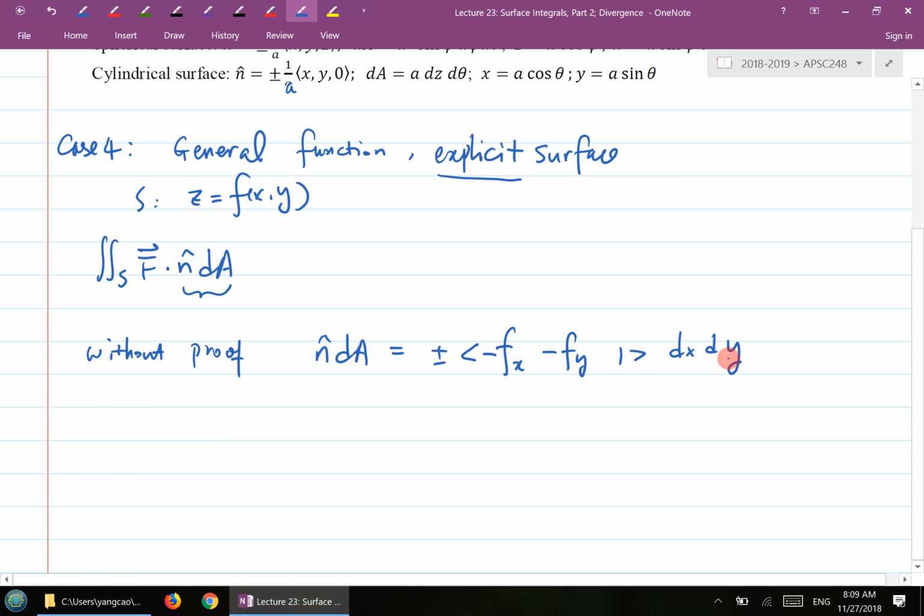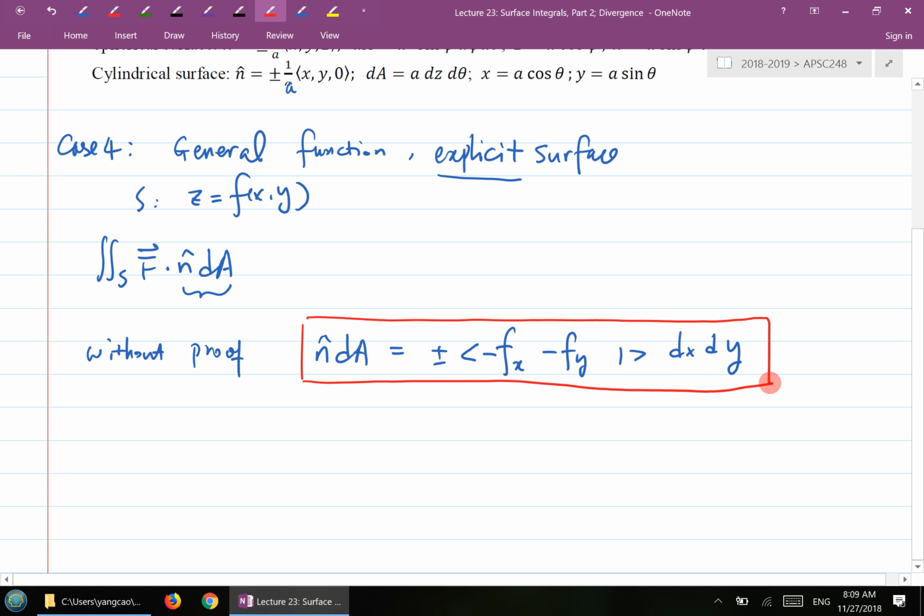So formula-wise, for n hat dA in this particular case number 4, we're not separating n hat and dA. You can use n hat dA as one single entity, in a single formula. I write it without a proof because the proof itself takes a bit of time. I do have the procedures of the proof in the lecture notes, so I encourage you to look at it.